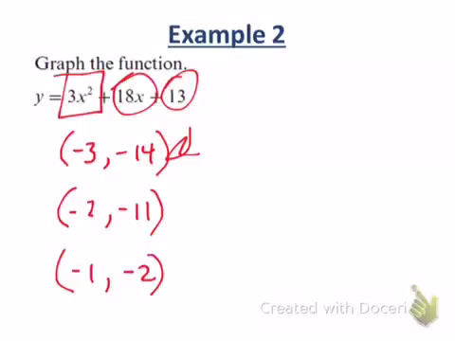If you plug those values in, you're going to go over 1, you're going to go up 3. That's over 1 in each direction. Over 2 in each direction, we're going to go up 12, because 2 squared is 4, and 4 times 3 is 12. So we can use scaling to determine that.